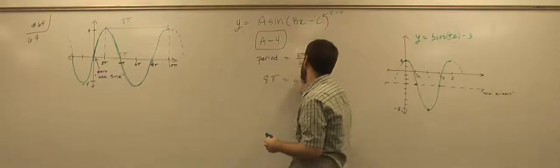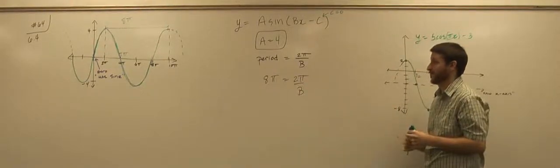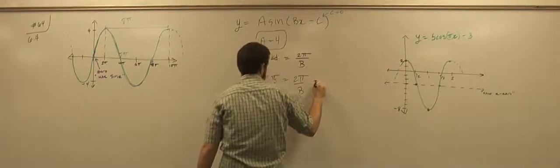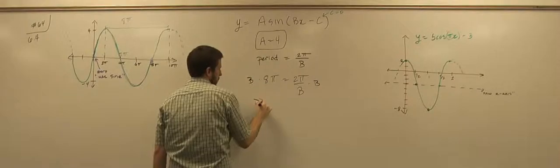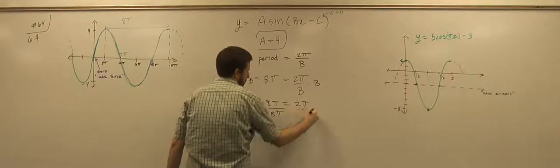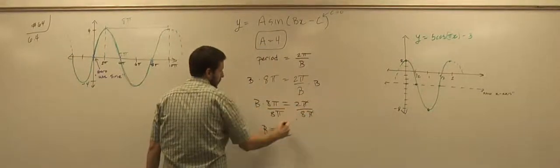So that should equal 2 pi over B. And then you just solve for B. The B comes up, the 8 pi comes down. B equals, pi's cancel, 1/4.